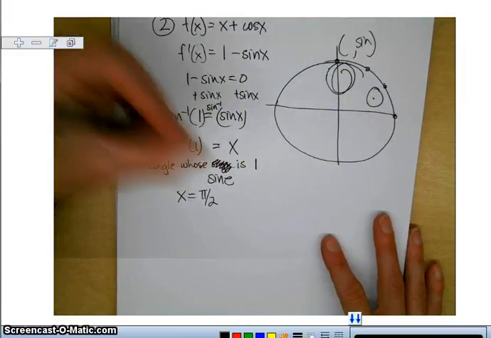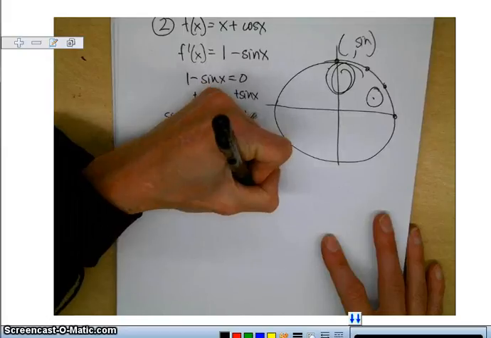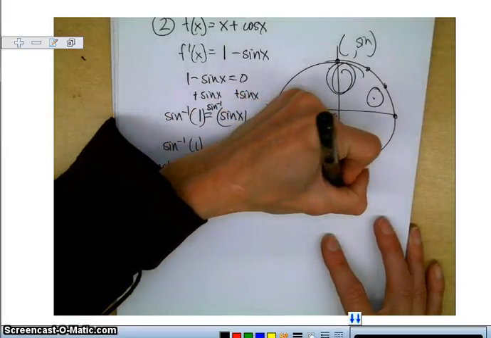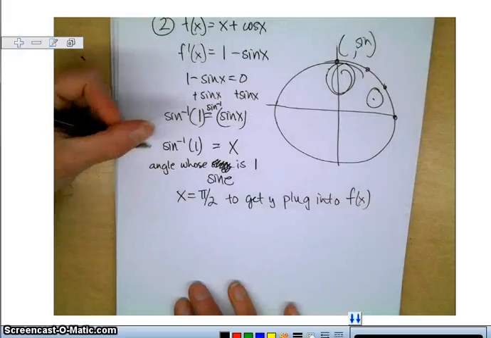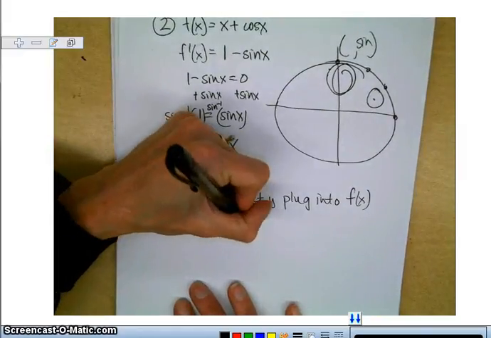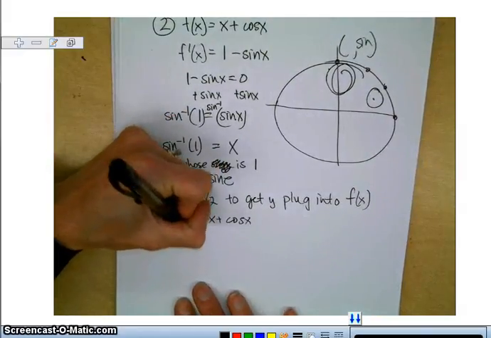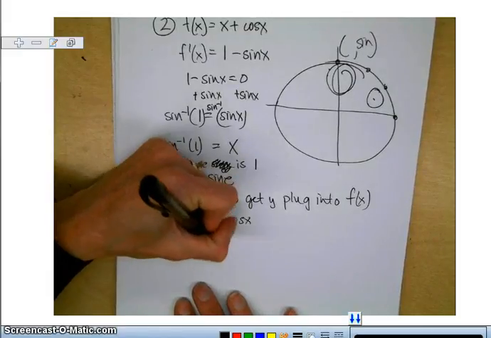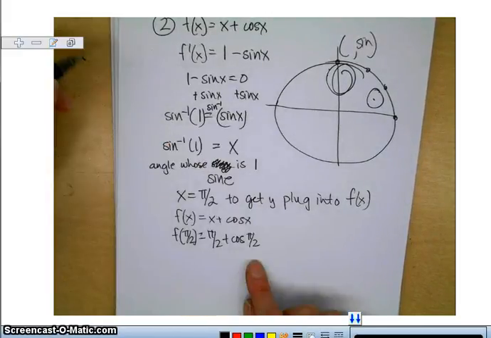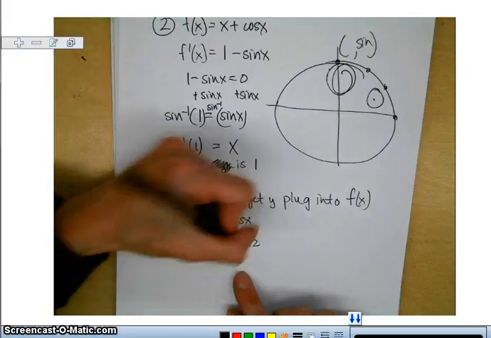Plug it in. Okay, to get y, plug into f of x. So f of x was x plus cosine of x. So f of pi over 2 is pi over 2 plus cosine of pi over 2. Cosine is the x value, isn't it? 0.